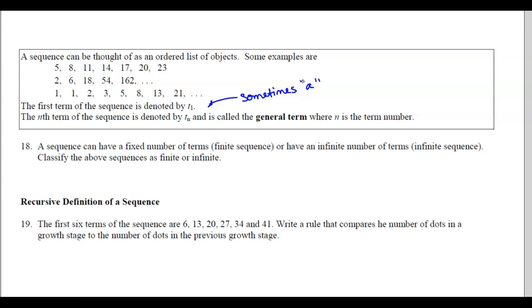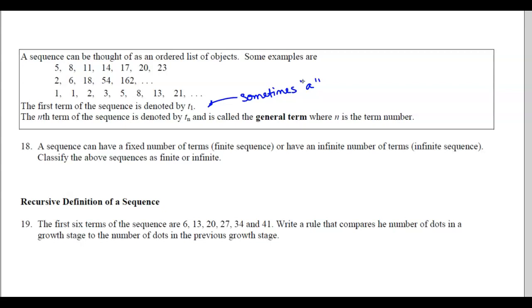Okay, the nth term is denoted by Tn and is called the general term, where n is the term number. So, in question 18, it says a sequence can have a fixed number of terms, finite. Finite means it stops, it doesn't go on forever, and infinite means it goes on forever. Classify each of the above as finite or infinite.